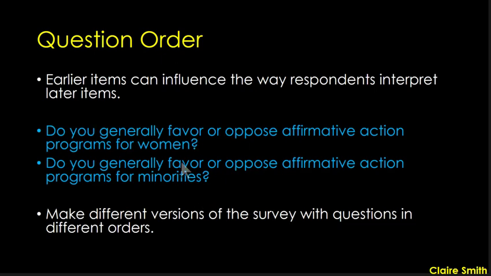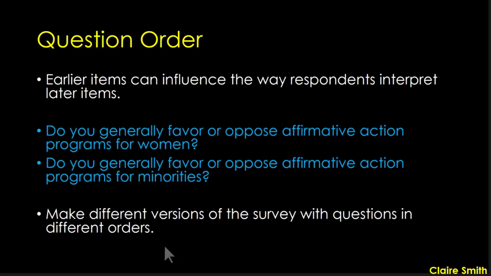Okay, and so a way we can get rid of this affecting our results is making different versions of the survey with questions in different orders. No matter how we order the questions, it's going to affect later responses, and we really don't want that to affect our results at all. It's interesting to think about, but we want our results to be as honest as possible.